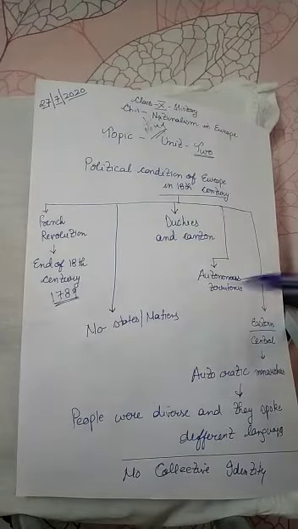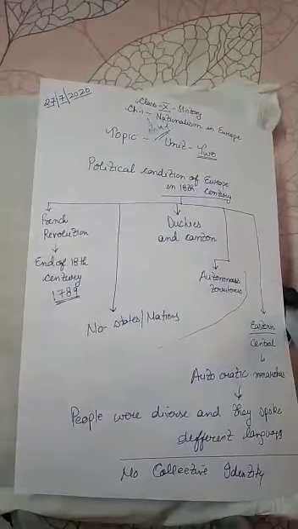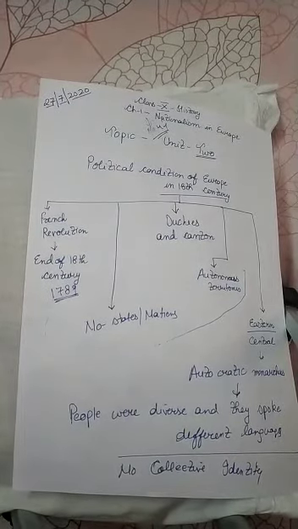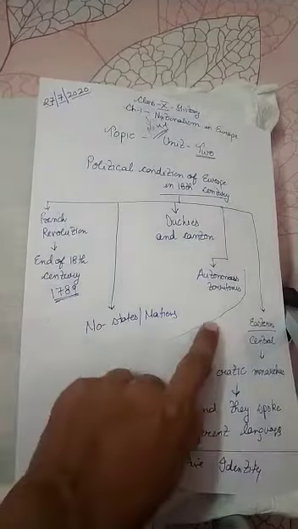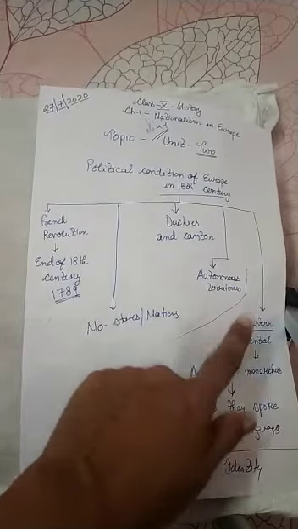Now, all these 4 points were applicable to Western Europe. Besides this Western Europe, towards the west of France, there was also a part of Eastern and Central Europe.